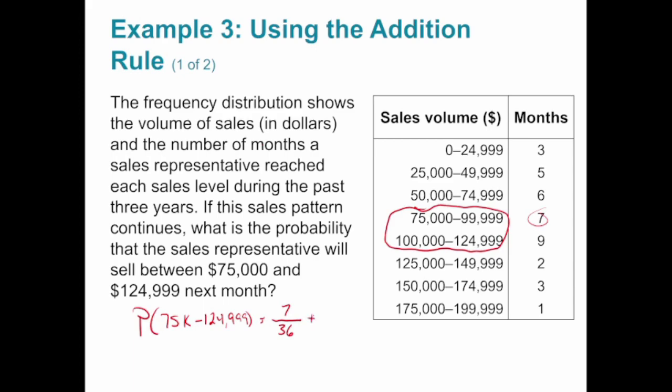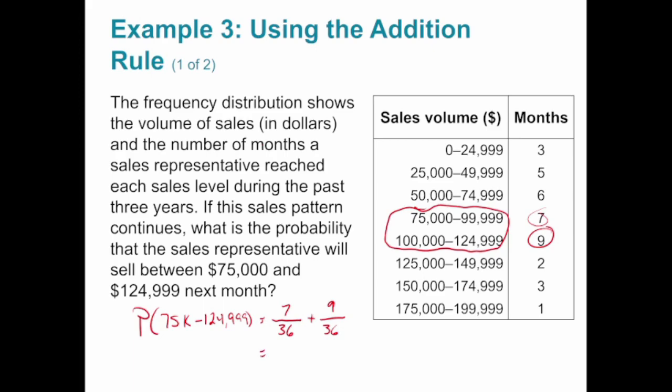And then we have "or," so we want to add the probability of being in the $100,000 to $124,999 range. That probability is 9 out of 36, because we have 9 people in that range. In this case, those events are mutually exclusive because you're not going to be in both of those sales ranges at the same time, so we don't have any overlap to subtract.